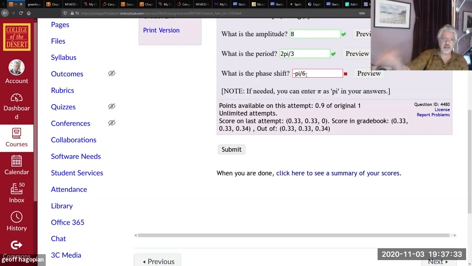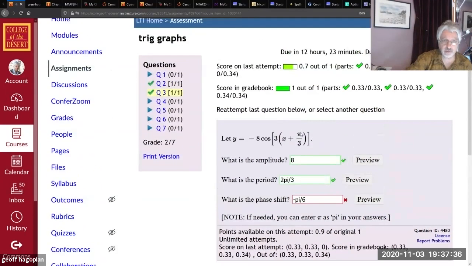But no, they don't want that either. They just want what is the horizontal shift of this function, which has a negative in front, which, yeah, I wouldn't write this function that way. I'm sure that's confusing, right? And I don't want to make any bones about it.